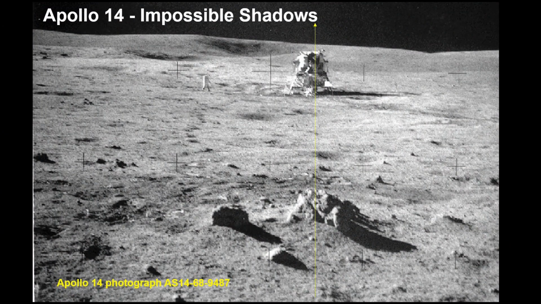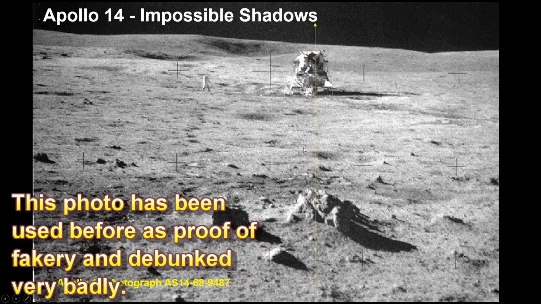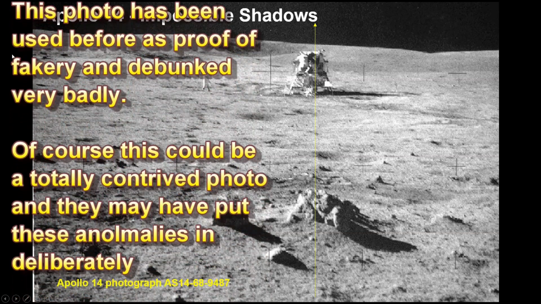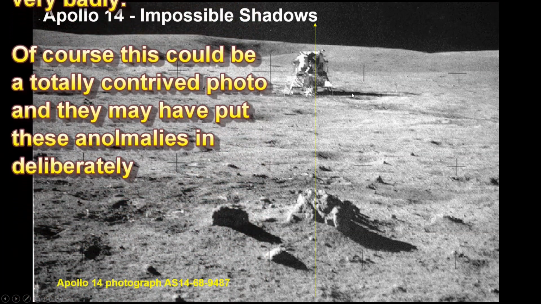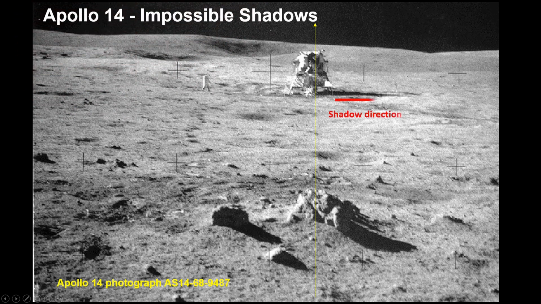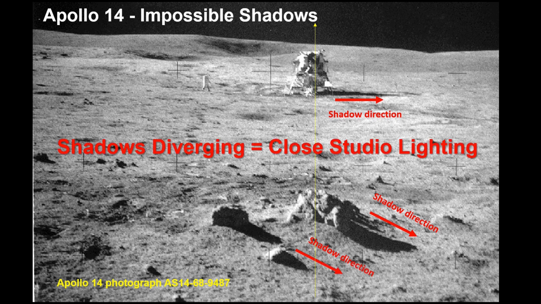Now on this photograph, we've got a line of sight here, so this is in line with this line of sight. So we should expect, with a distant sun, for the shadows to be parallel. But they're not. They're not parallel at all. Now, to me that means diverging shadows on a line of sight like that.